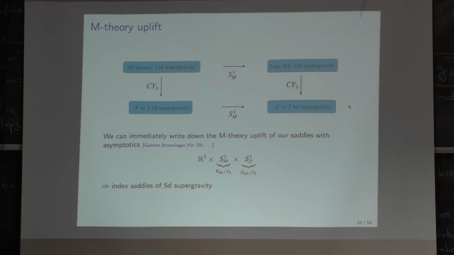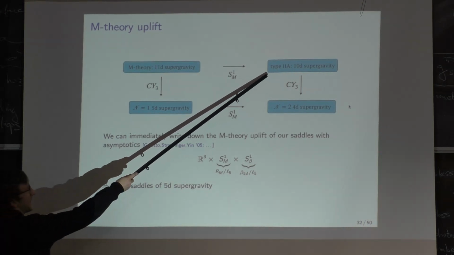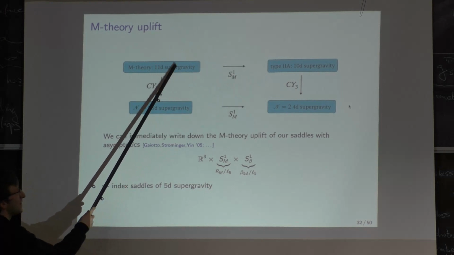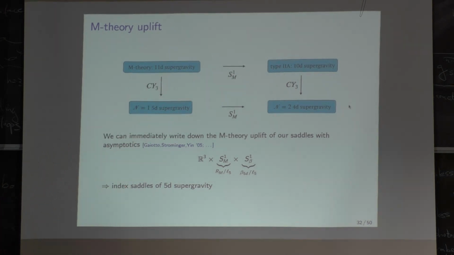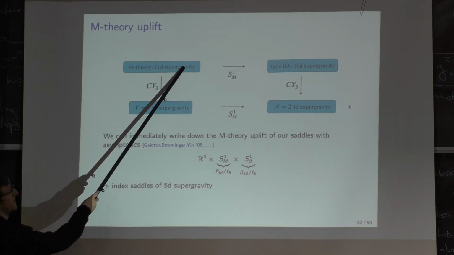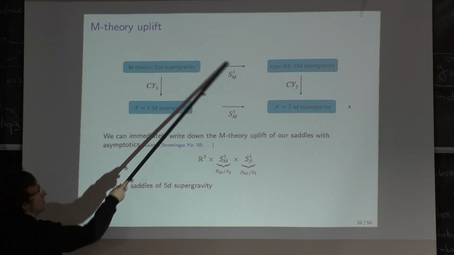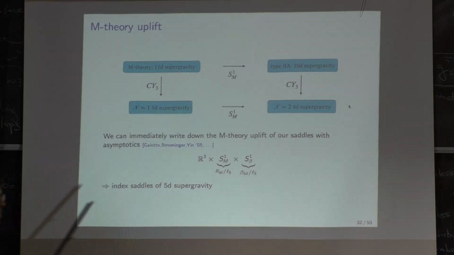Now, type 2A supergravity can also be obtained from 11-dimensional supergravity, which is conjectured to be the low energy effective theory of M theory, by compactifying this 11-dimensional supergravity on some spatial circle.